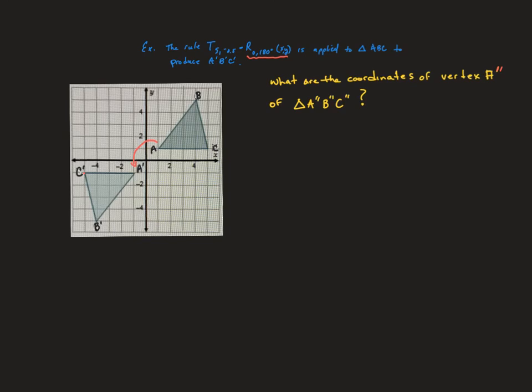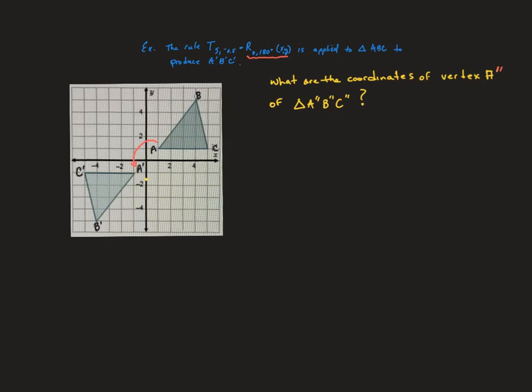I completely did that wrong. I'm not going up, I'm going right, because that's my x value. 1, 2, 3, 4, 5. So C double prime is going to go right 5 and then down 0.5, so that ends up right here.